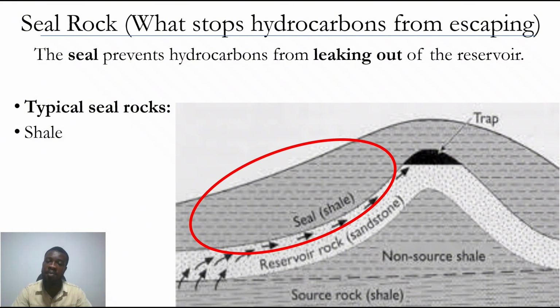And for that reason, they make very good seal rocks. Now, what about salt? Salt domes, when formed in between reservoir rocks, are also able to serve as seals that prevent further migration of these hydrocarbons. And anhydrites also are very good examples of seal rocks.